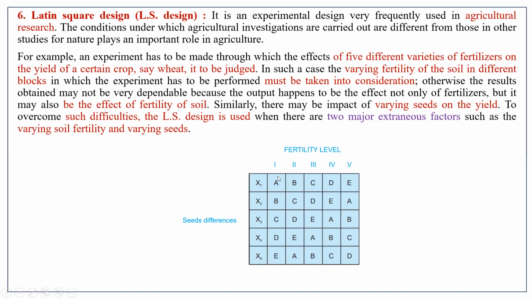If you can see, in each column, all the fertilizers are there, A, B, C, D. If you take the row, all the fertilizers are there, even though they are not arranged exactly in the same way. They are randomly arranged, but still every fertilizer treatment is given in all rows and in all columns.